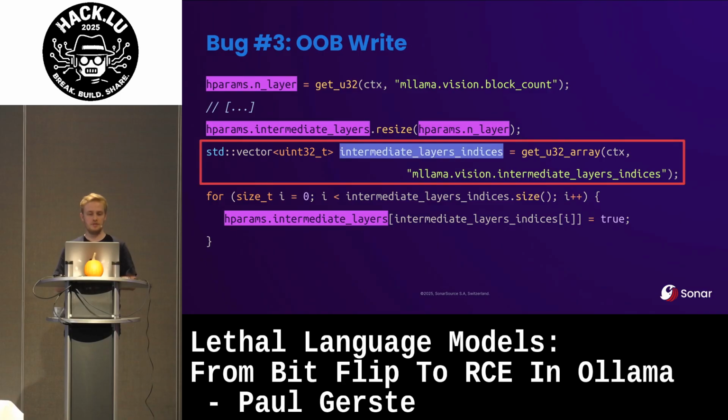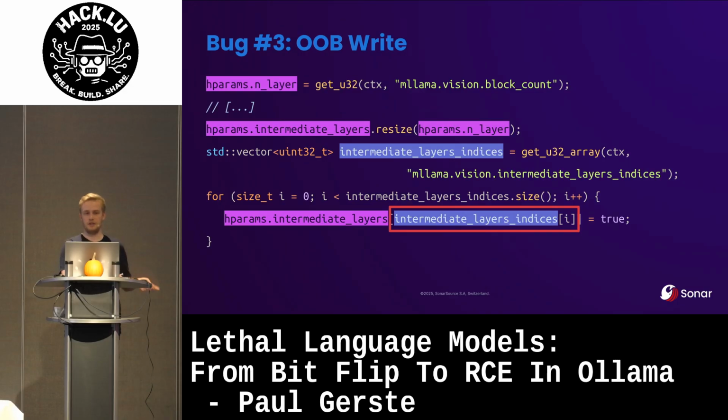But before that happens, there's another value that is read from the file, and this is an array of numbers. And these numbers are then used to index into the other vector. But as you can also see from the colors, these are completely distinct, and there's no check that the index is within the bounds of the pink vector.